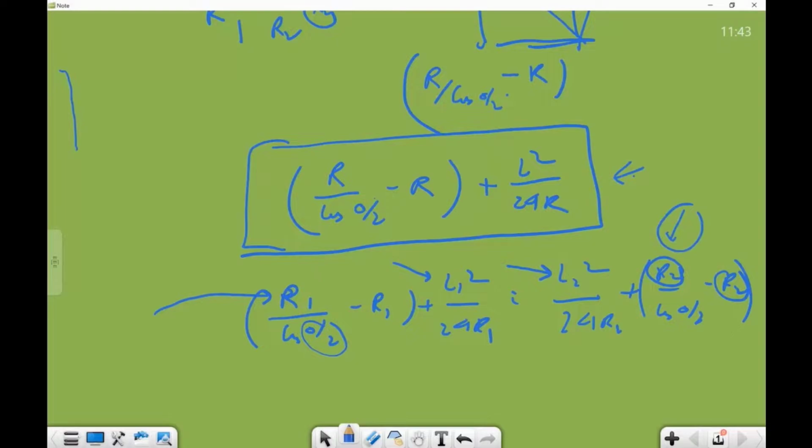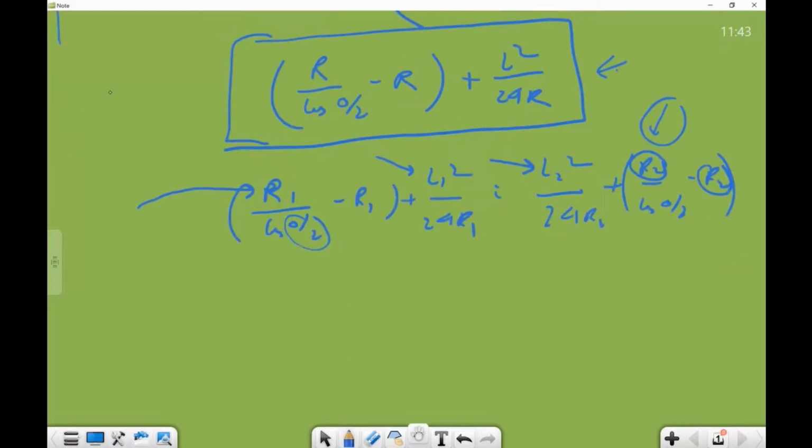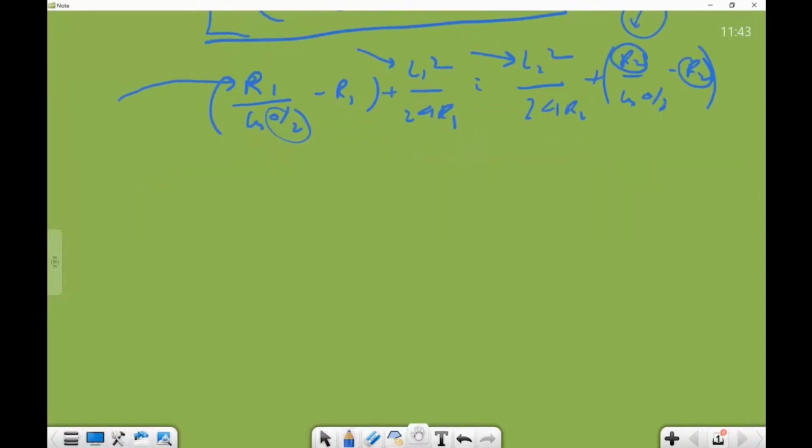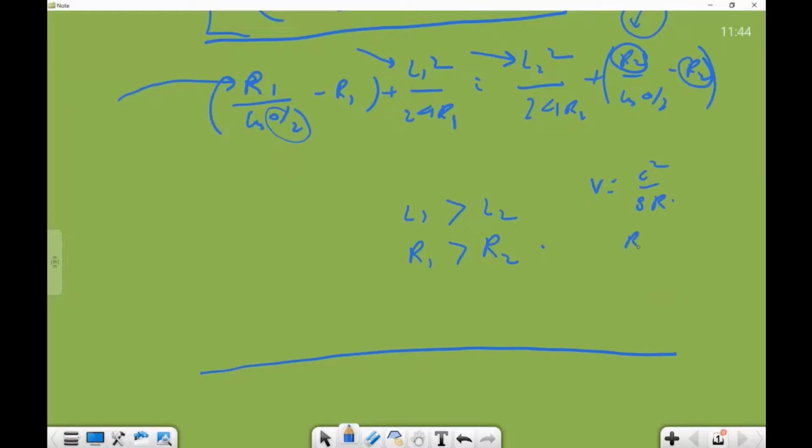Now as you understood, in that case, if L1 is more than L2, R1 is also going to be more than R2. So if I make the Versine diagram in that case, अगर मैं Versine diagram बनाता हूँ, my Versine is C square by 8. So if R1 is more than R2, my V1 is going to be less than V2.